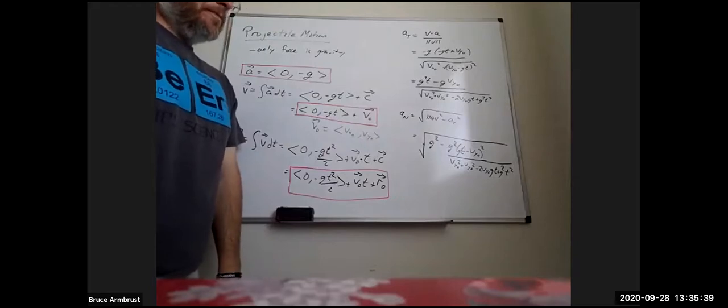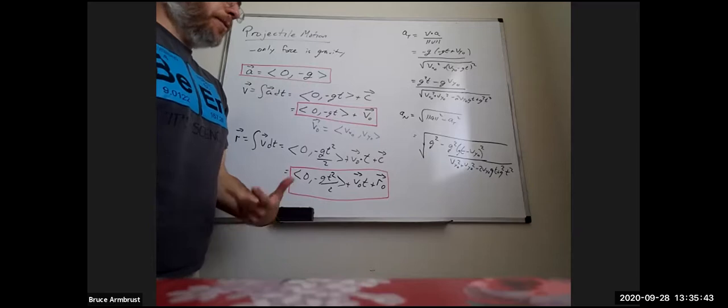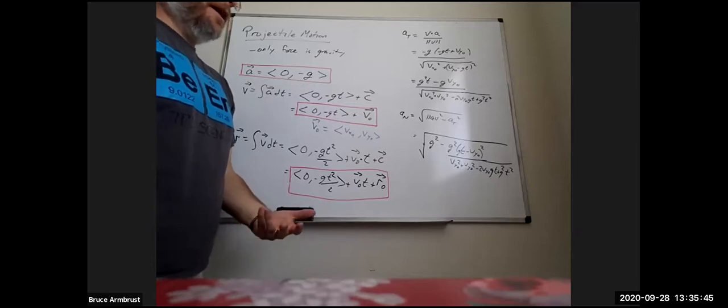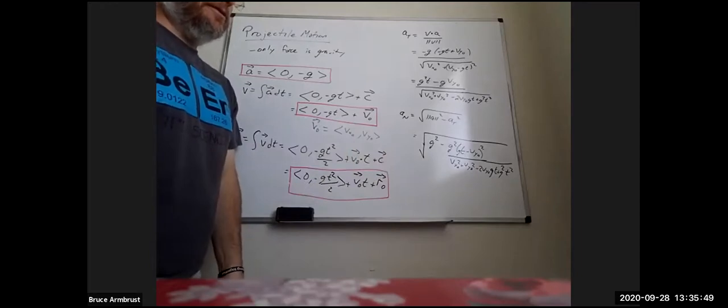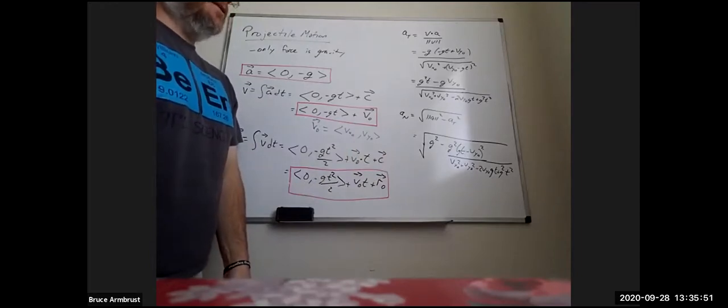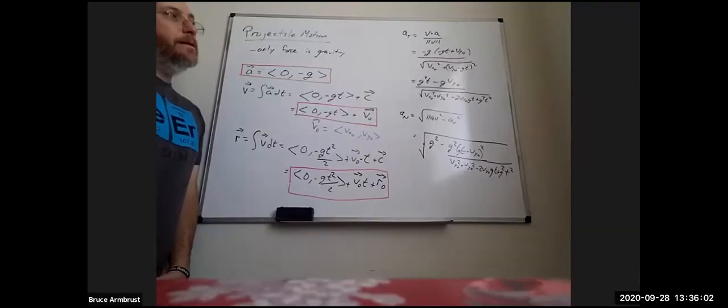And so depending upon where we are, at what point in the curve, this magnitude will change. So in the denominator of a sub t, is that vx naught squared plus vy naught squared? Yes. Okay, just making sure.